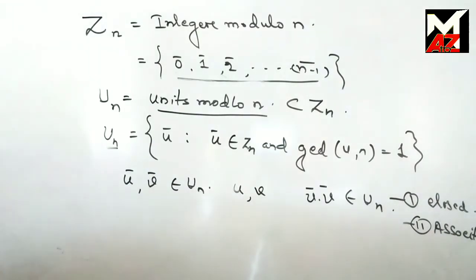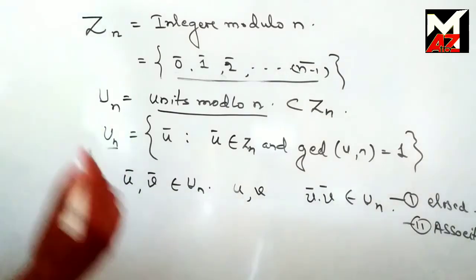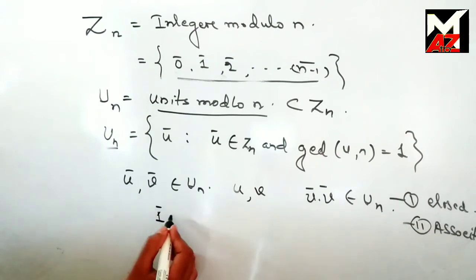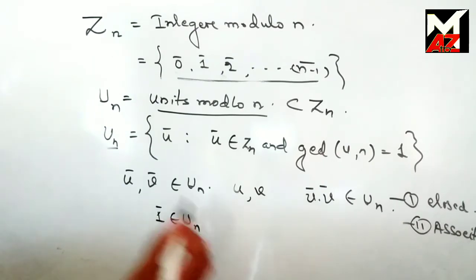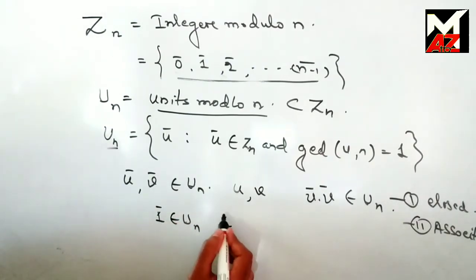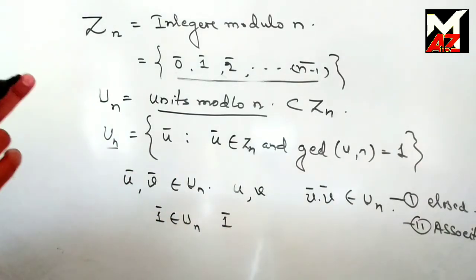Now for the third property, the identity property, we know that one class belongs to Un because one class is a unit and the inverse of one class is one class itself.